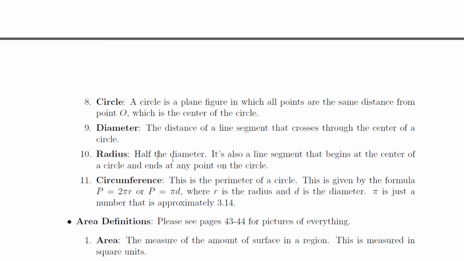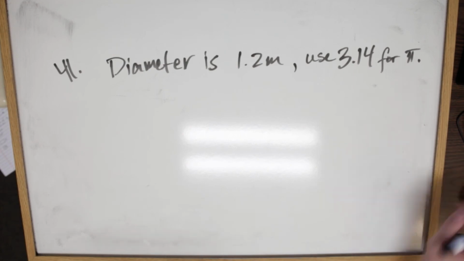If they only give you the diameter, you can use this equation, or you can convert the diameter into the radius by dividing it by 2. I'm not going to do that because we have the definition. If we have to use that strategy when we solve for area, then I will do that. But for now, let's just use the definition that we have.